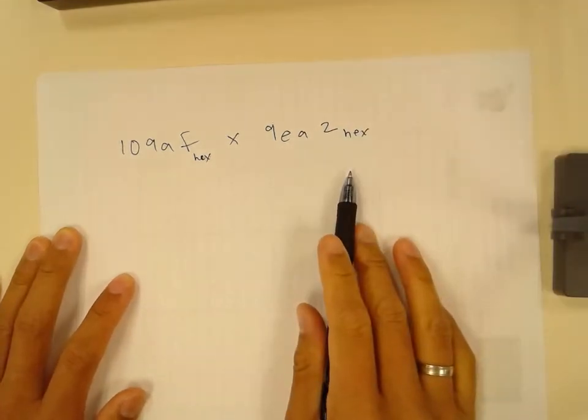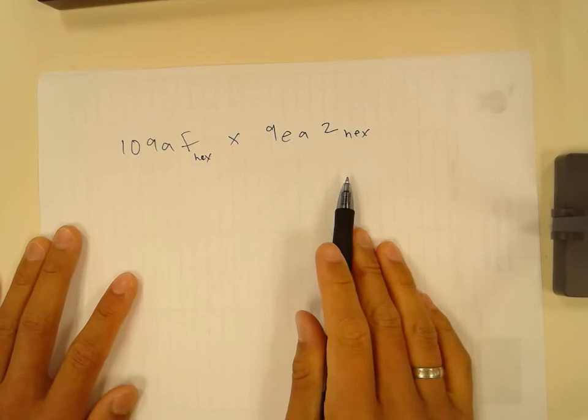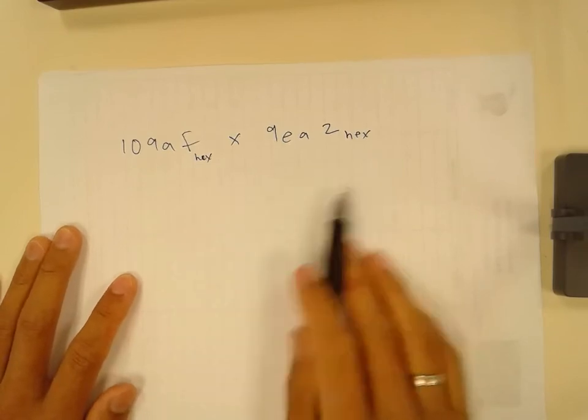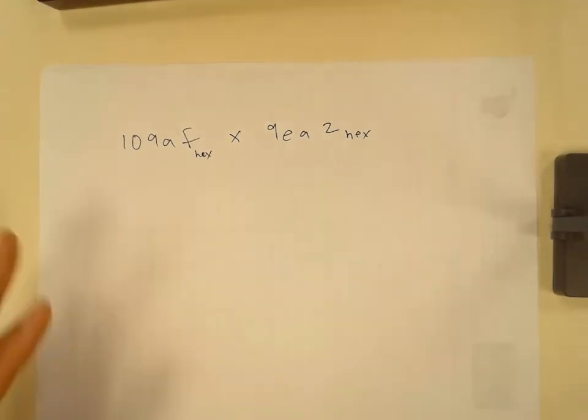And so you could go over the method in the book of how to multiply hexadecimal numbers, or binary numbers, or octal numbers, but the graders of the exam don't care about how you do it, just that you do it, right?